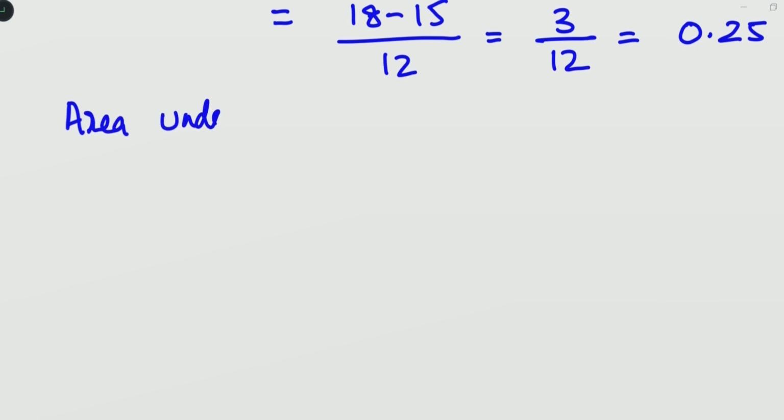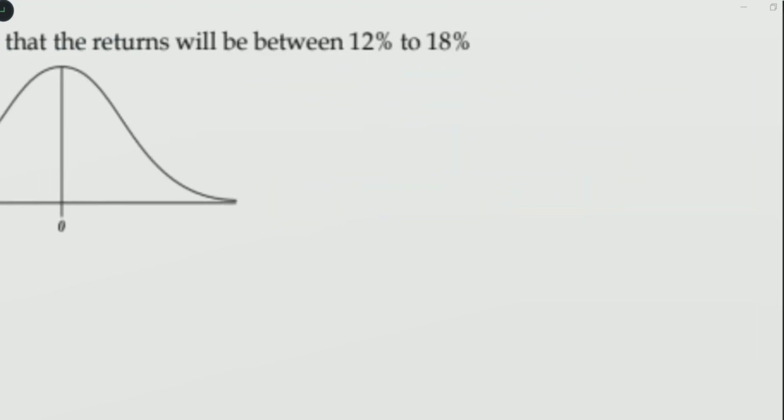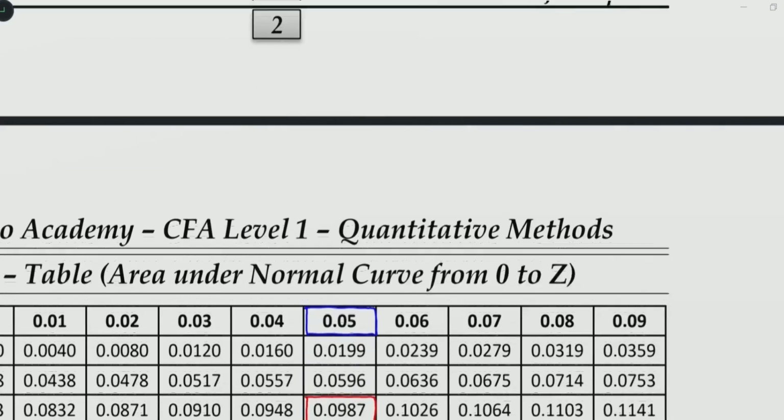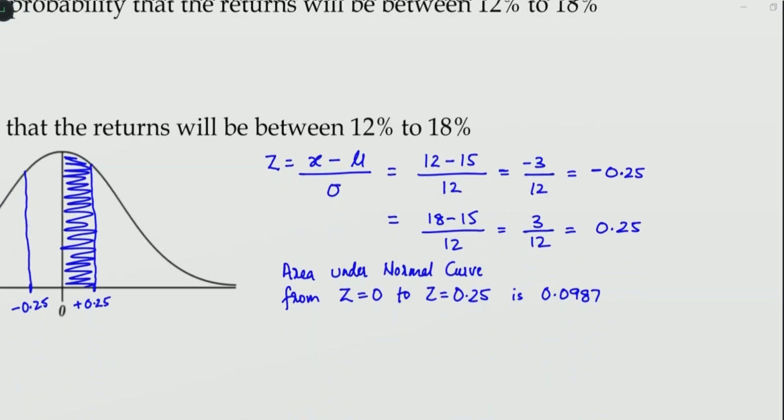Area under normal curve from z equals 0 to z equals 0.25 is how much it was? 0.0987. Correct? Let me just cross check, once again double check so that we are not picking any wrong value. It is 0.0987. Perfect. 0.0987, that's the area.